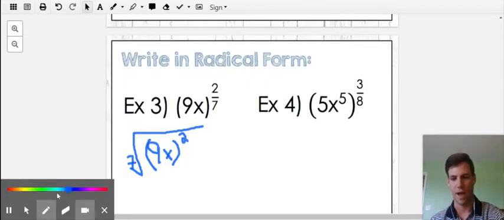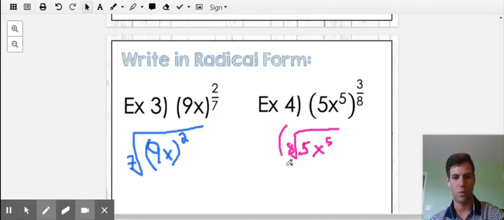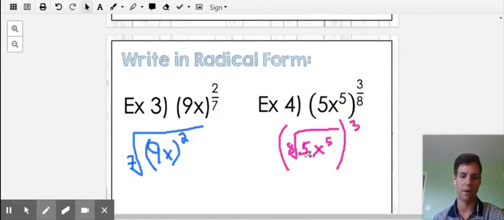And then we'll just do the opposite for the one on the right. So the one on the right, we're doing 5x to the 5th, and then we are doing an 8th root, and we are raising that to the 3rd power to finish that up.